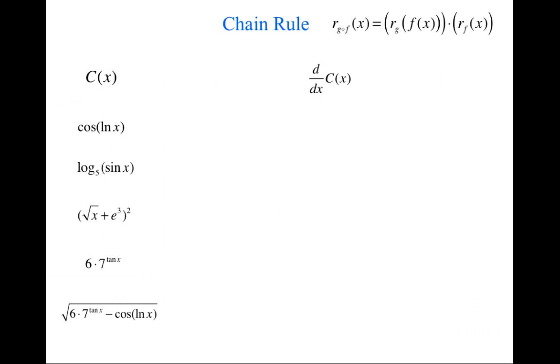Why? Because they're all some type of composite function, one function plugged into another function. And I've written the chain rule up there, this time in outside-in form. You're looking at the rate of change of the whole function with respect to the interior, times the rate of change of the interior.